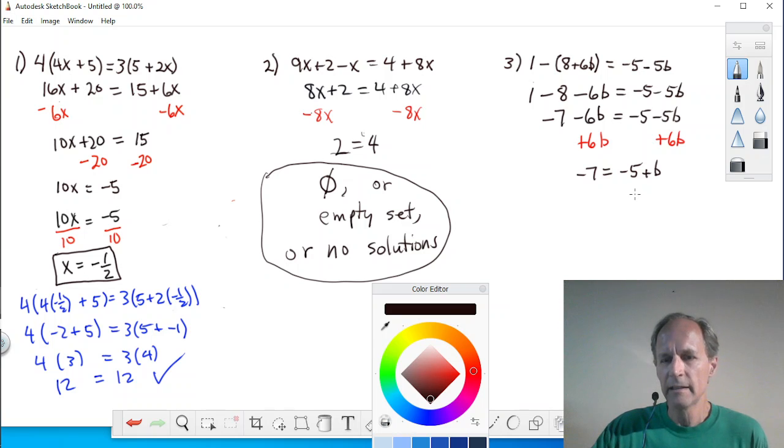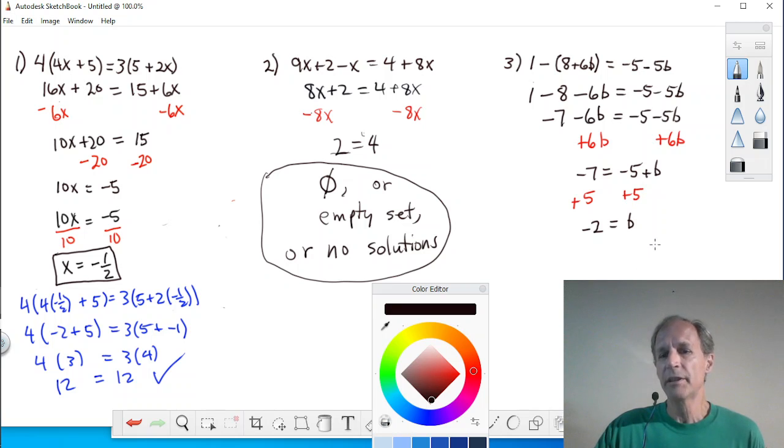Now we want to get b by itself, so we have to get rid of the negative 5. So we just add a positive 5 to both sides. Negative 7 plus 5 is negative 2. Negative 5 plus 5 is 0, so that goes away and only leaves the b.